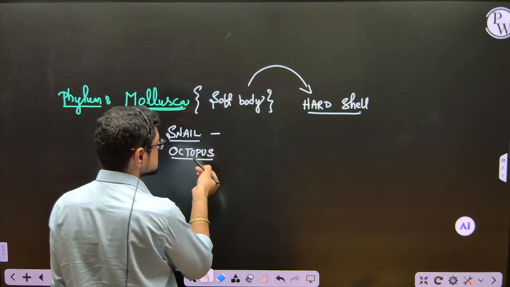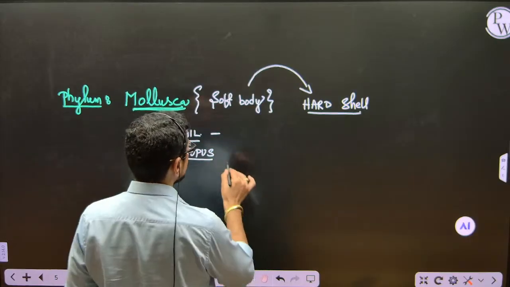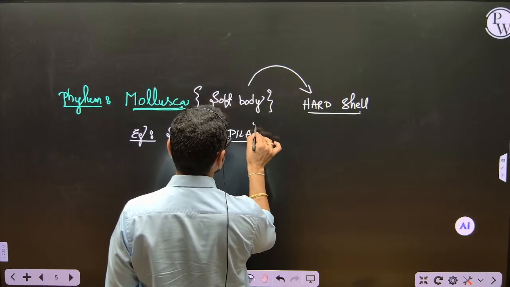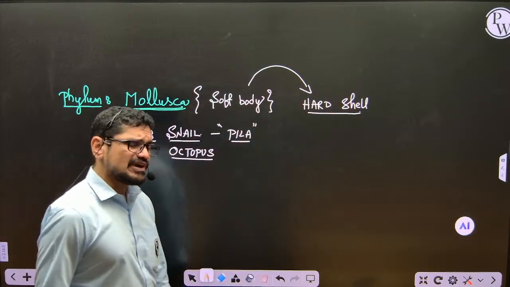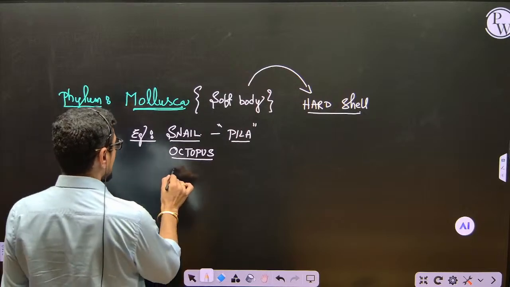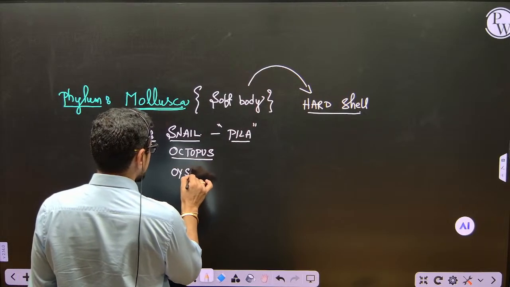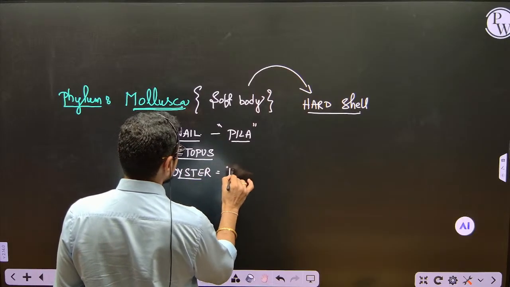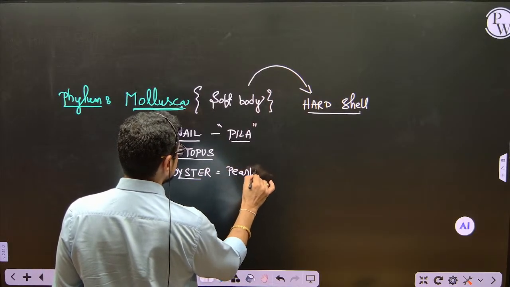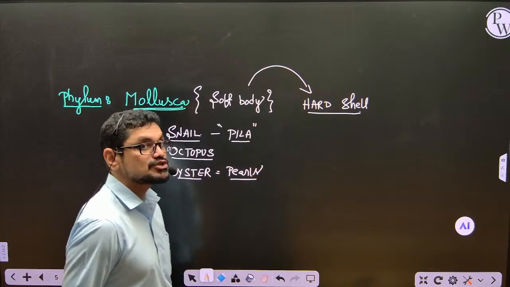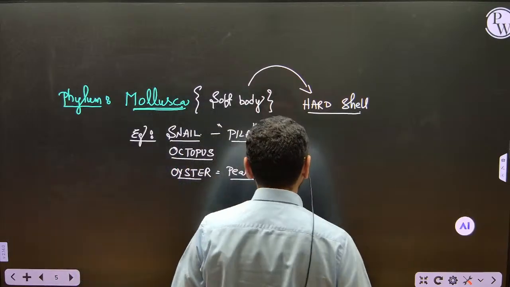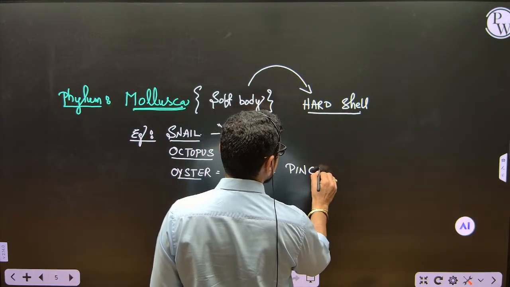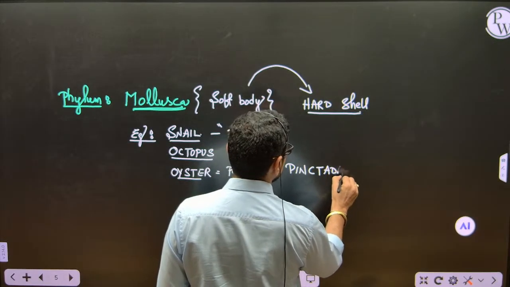Snail is a common name. The scientific name is Pila globosa. Different other names are also there. Oysters, I think you know oysters. From oysters the pearls are also extracted. These are pearl oysters, Pinctada vulgaris. Pinctada, P-I-N-C-T-A-D-A, is the scientific name.